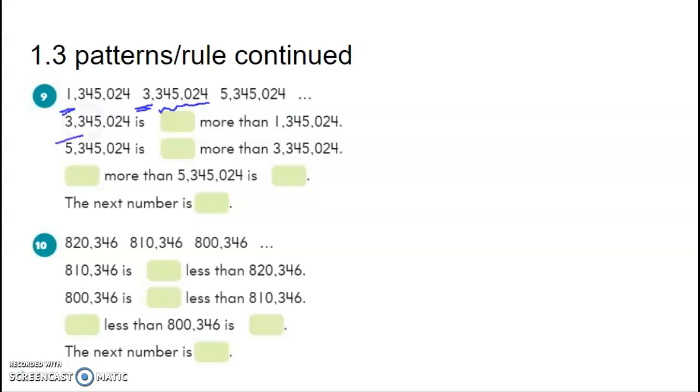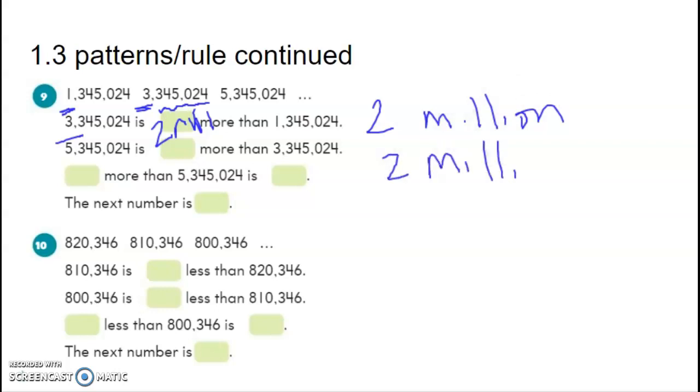So 3 million is how much more than 1 million? Well, that's 2 million more. That's supposed to say million. Sorry. 2 million more. And 5 million is 2 million more than 3 million.